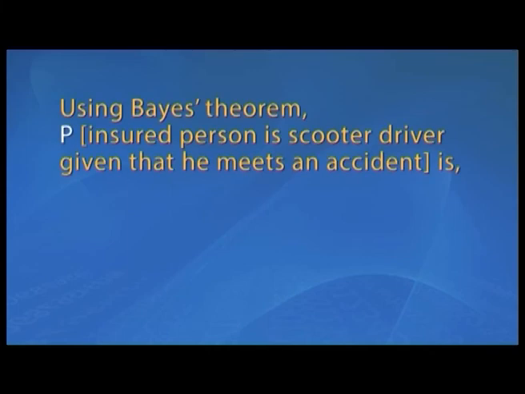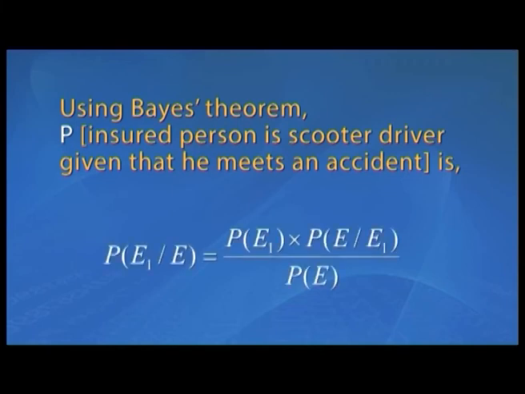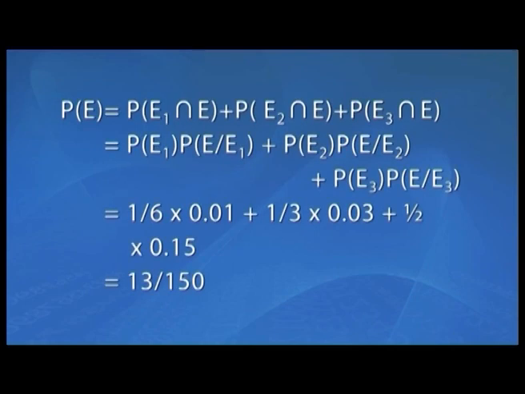Using Bayes' theorem, the required probability that an insured person is a scooter driver, given that he meets an accident, is P(E1|E) = P(E1 ∩ E) / P(E), where P(E) = P(E1 ∩ E) + P(E2 ∩ E) + P(E3 ∩ E).